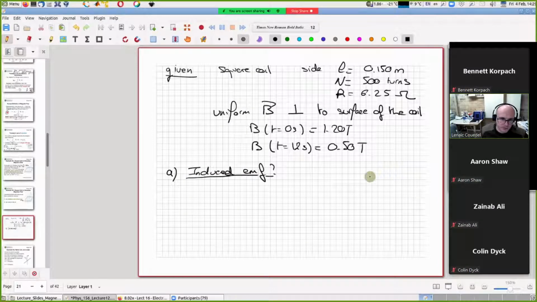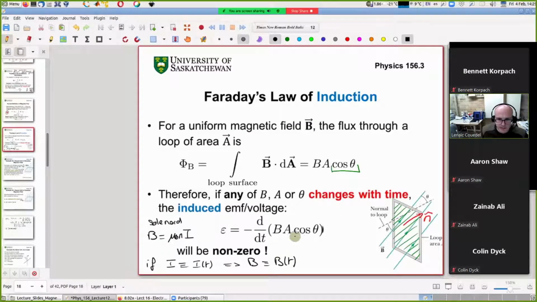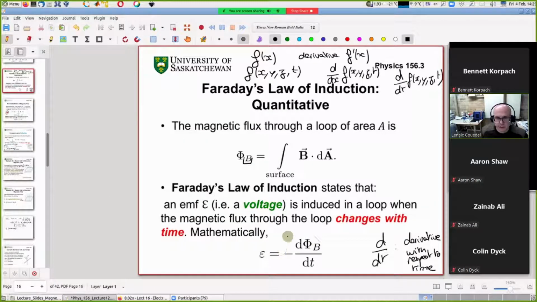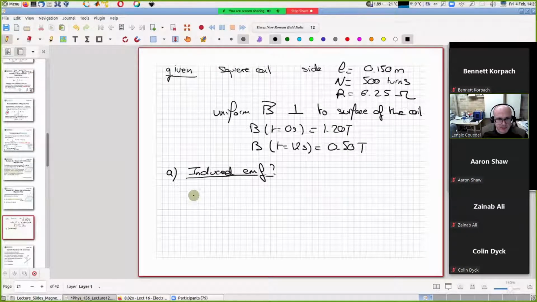No? All right, so basically we have to use what we have learned here. The induced EMF is linked to Faraday's law, so this is the derivative with respect to time of the magnetic flux. So Faraday's law: epsilon is equal to, and we'll just deal with absolute value for now, the derivative of the magnetic flux with respect to time.